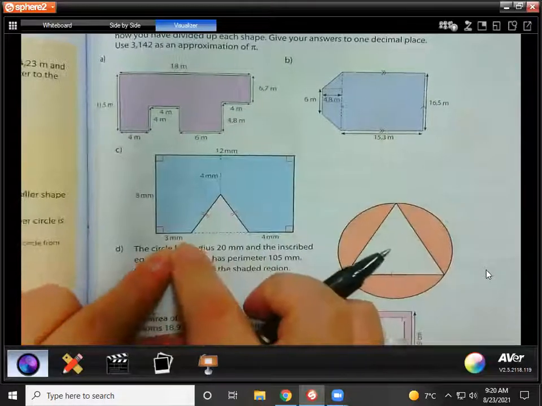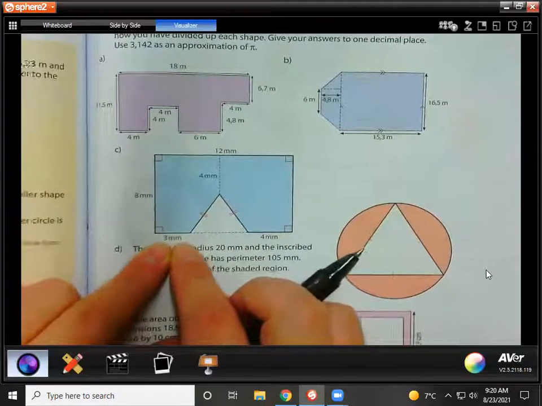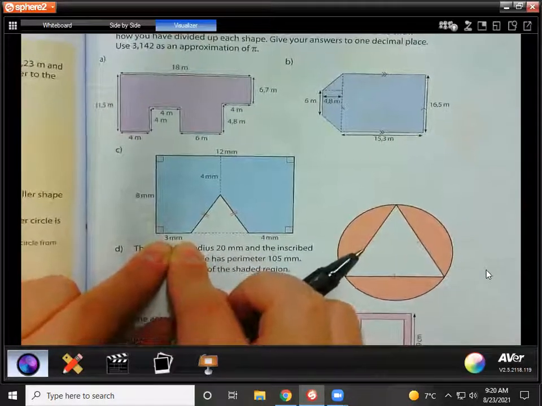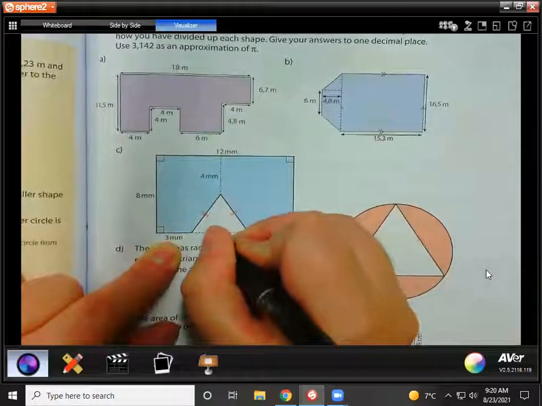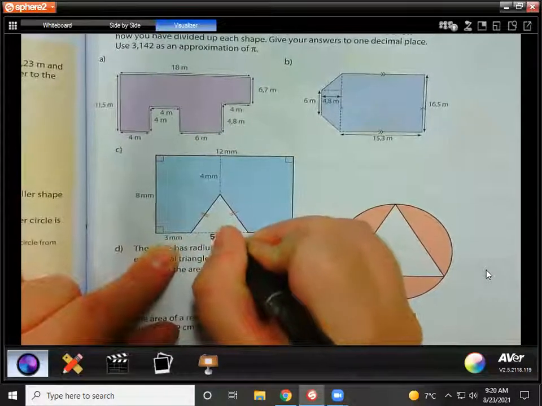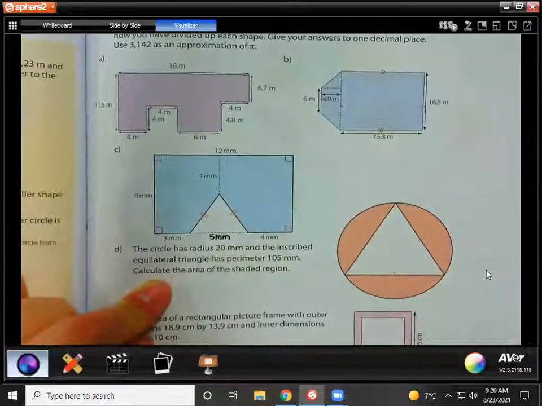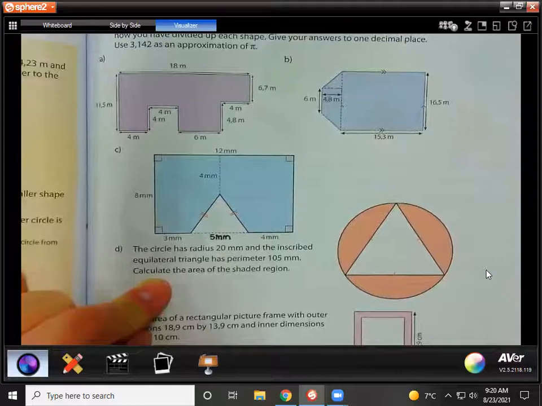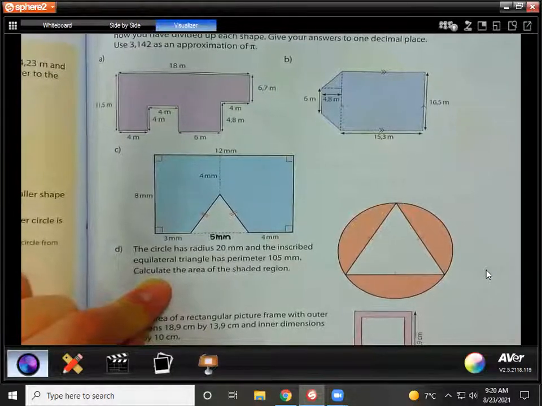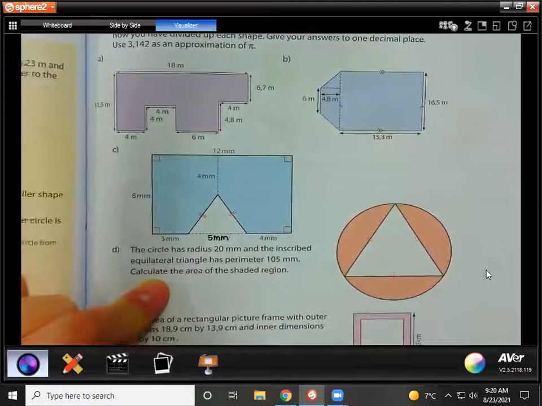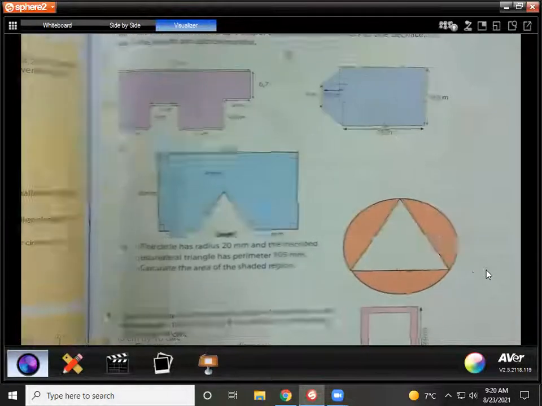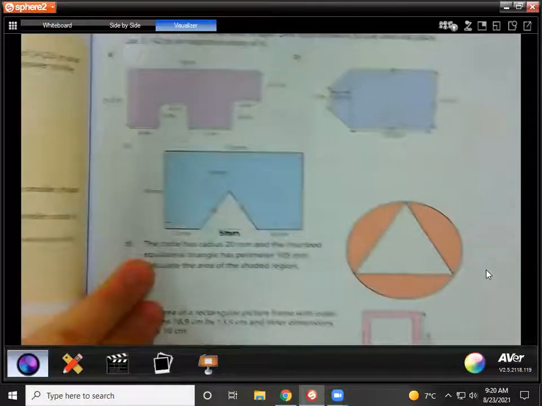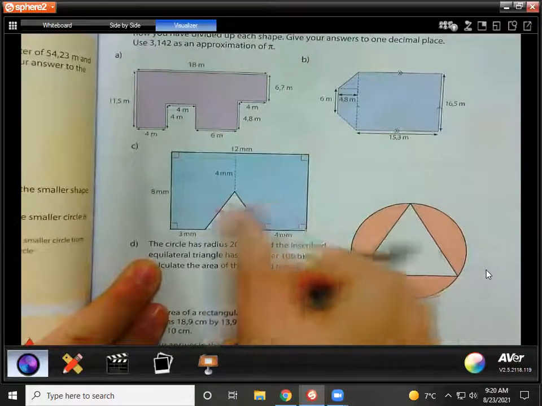So what is 12 minus 3? 12 minus 3 is 9, minus 4 is then 5 millimeters. So the base of that triangle is going to be 5 millimeters. Now we need the perpendicular height. Something that I'm pretty sure you wouldn't have learned in primary school: do we notice that this is an isosceles triangle?